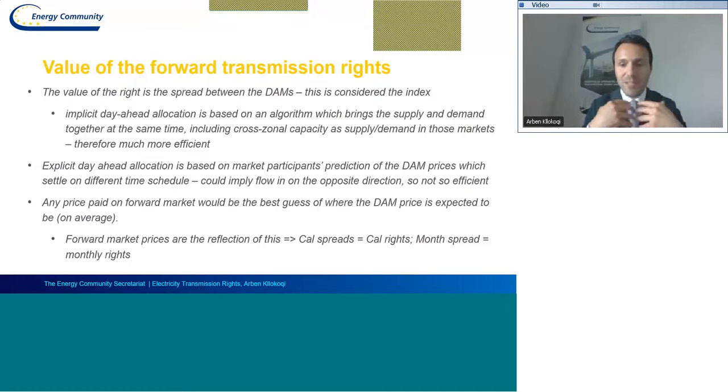And then the prices paid on the forward market are usually a guess, or a good guess, of what the day-ahead market prices are expected to be. So if we look at the forward market, let's say the German and French markets, the difference in the prices of the calendar products would reflect the value of the calendar transmission rights. The monthly products would reflect the value of the monthly rights, and so on and so forth.